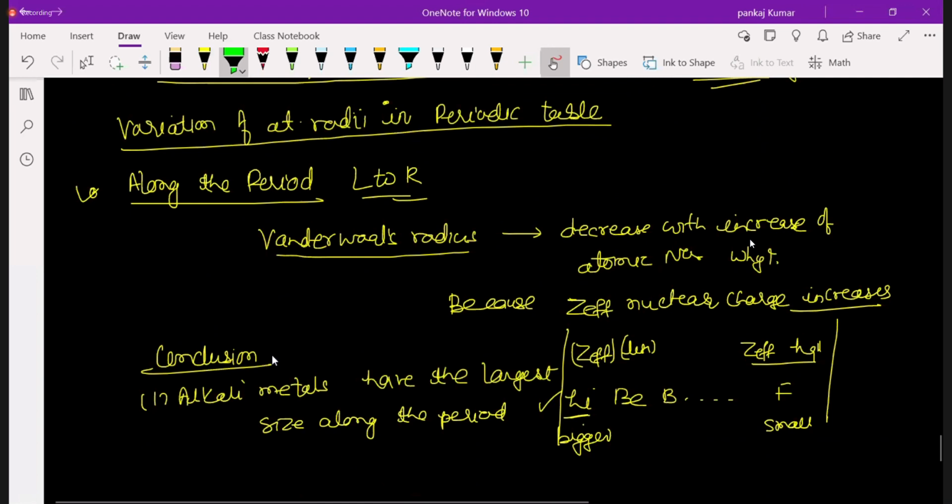Lithium is 2 1, this will be 2 2, this will be 2 3. So every time we have 2 orbits, but electrons are increasing, so Z effective is increasing. Fluorine will be 2 7. Every time we have only 2 orbits.